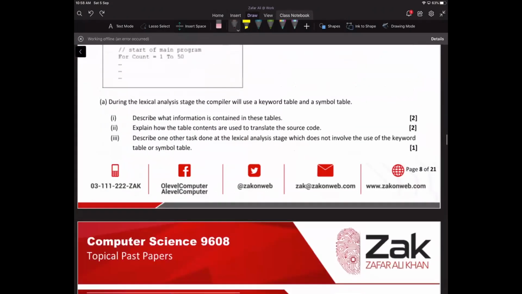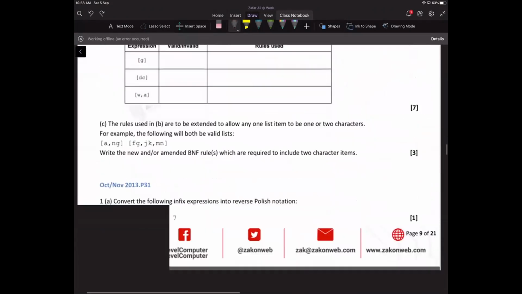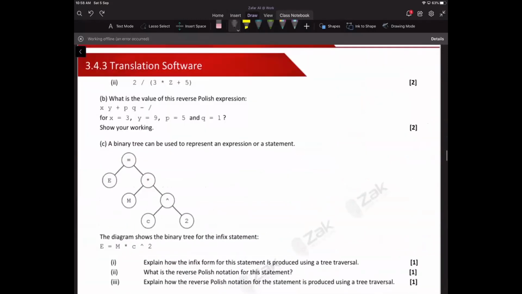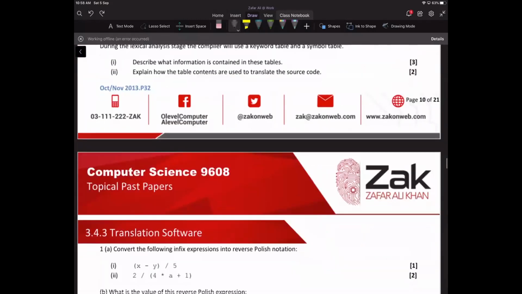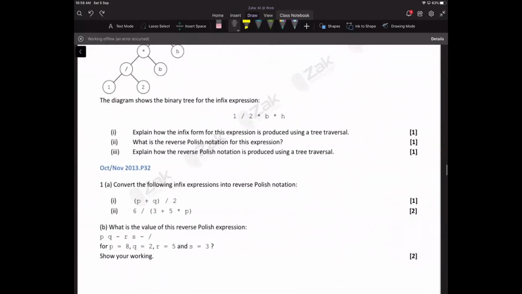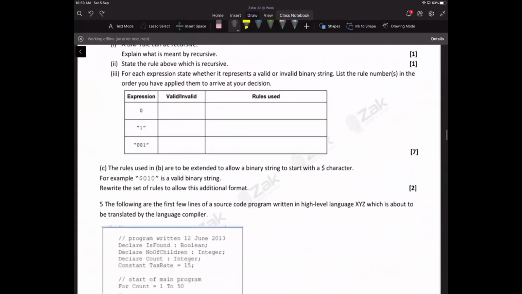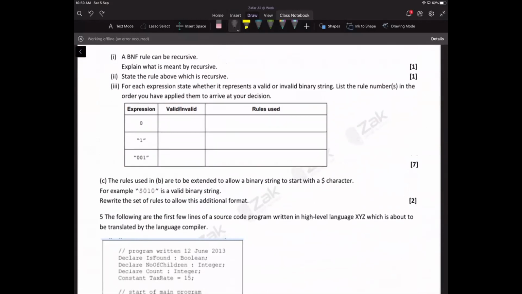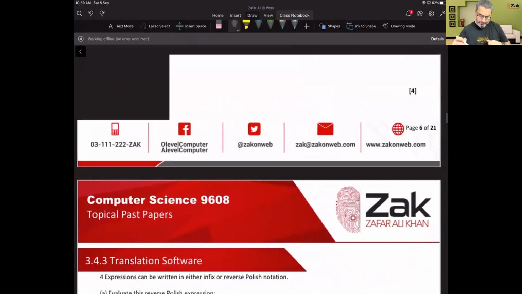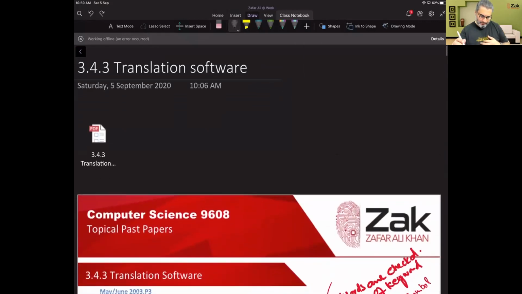So you have this file, solve it yourself for Backus-Naur form and RPN since we have covered it. So that's about it. This topic, 3.4.3 translation, is covered and we will start with a new topic.